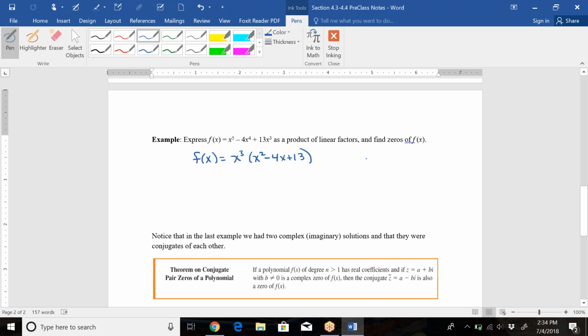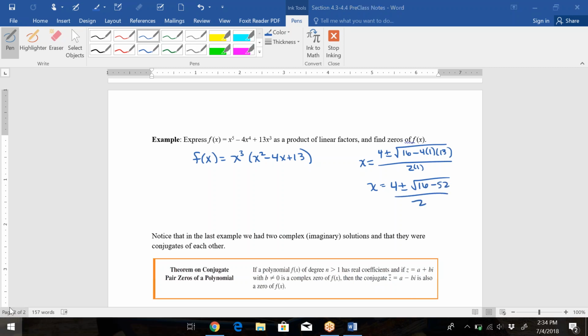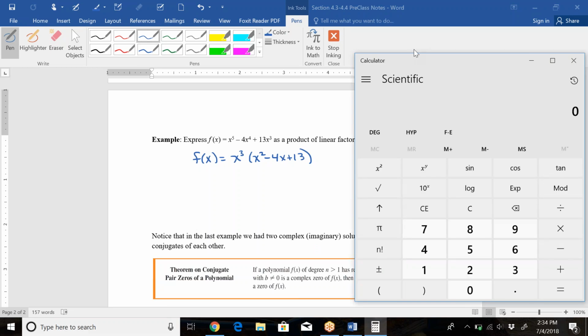So one way you could try to factor it is to use the quadratic formula. So x equals negative b, so that'd be 4, plus or minus the square root of b squared, which would be 16, minus 4ac, all over 2a. So this would be 4 plus or minus the square root of 16 minus 52, all over 2.